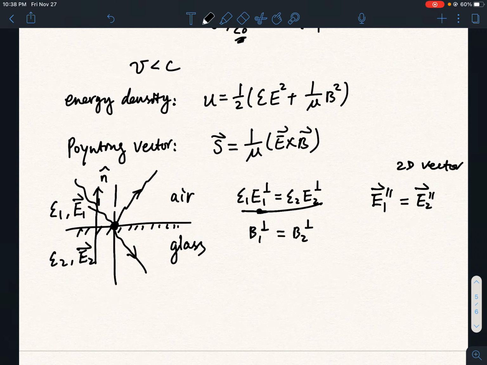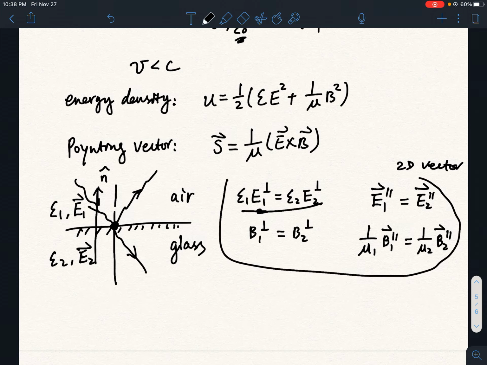The two vectors are equal to each other, and also 1 over mu 1 B1 equals 1 over mu 2 B2. This is for the magnetic field. In the next lecture I will discuss how we can use these boundary conditions to figure out how light propagates from one material to another material.